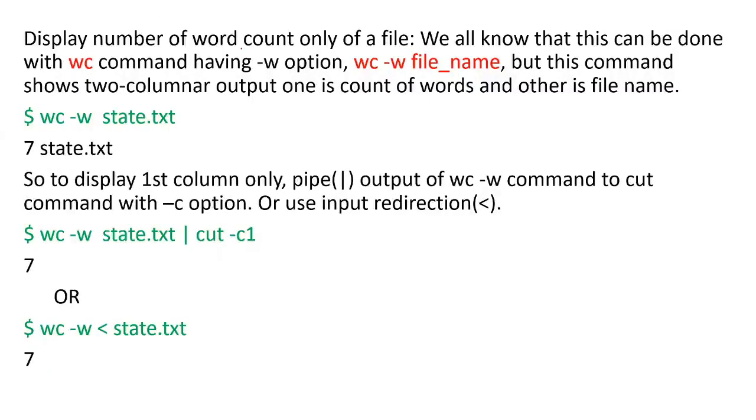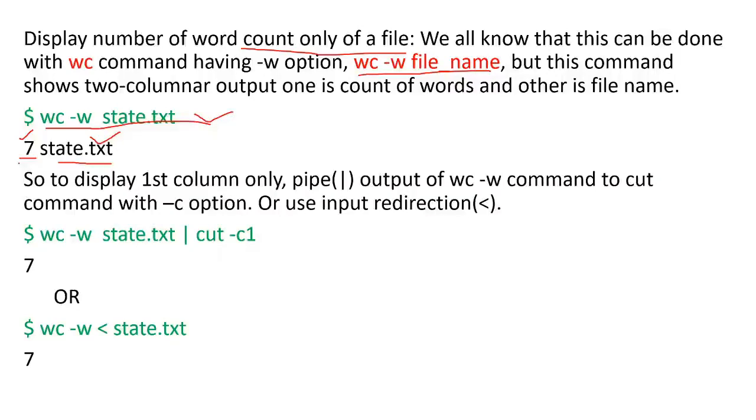To display the word count only of a file, we use wc -w file name. Now see, if you use this type of command, it will count the number of words and it will also show the file name. In some cases, you want only the words and you don't want to display the file name.